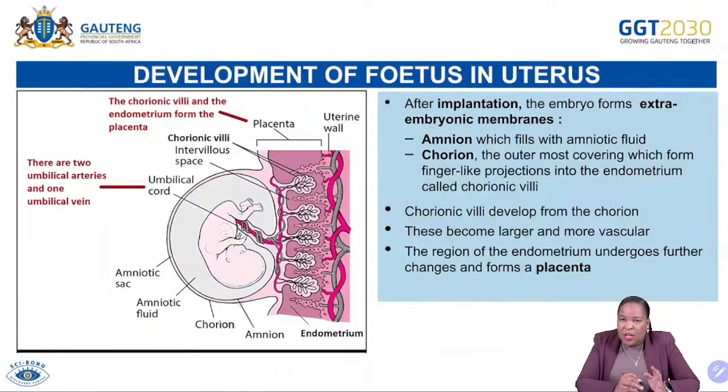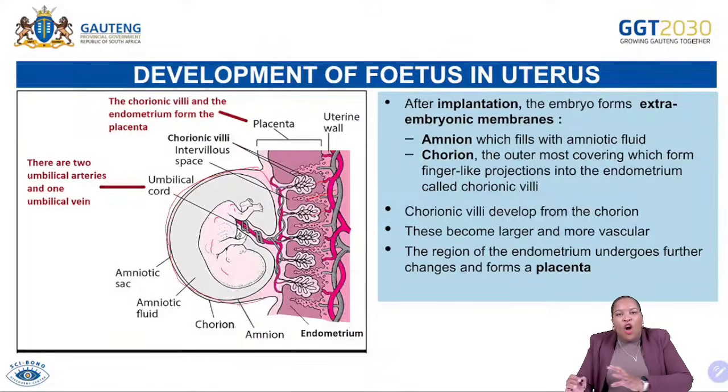Once it is attached to the endometrium, what is it that you need to know? You need to know the roles of all these layers that are covering. How is this fetus that is developing protected? And how are the blood vessels supplying the nutrients and the oxygen?